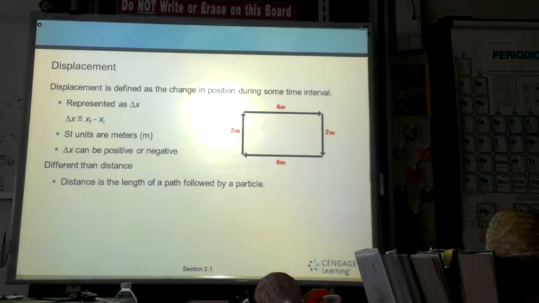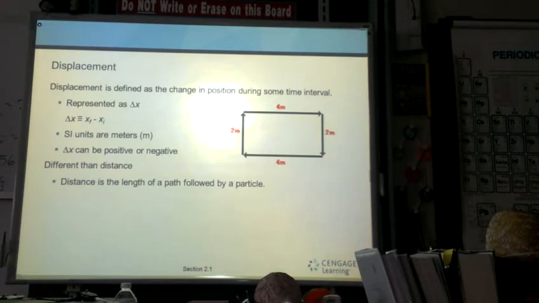So let's say that I start right here, between this 4 meters and this 2 meters down here in the bottom corner. And then let's say I go all the way around my rectangle and I end up right back where I started. Ultimately then, I know that my displacement would be 0, because if I end where I began, the displacement has to be 0.